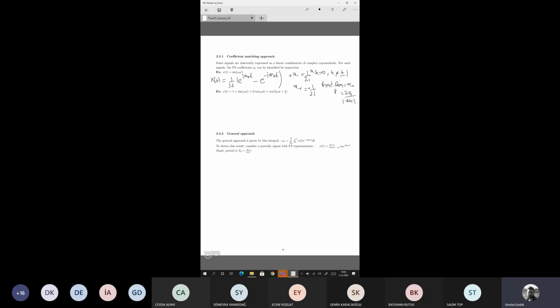If someone tells you that omega 0 is positive, then you can omit this absolute sign. Or as a more general example, let's assume I have this x of t given. I will first write it in exponential form using Euler's relationship.